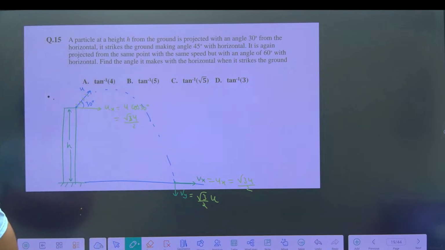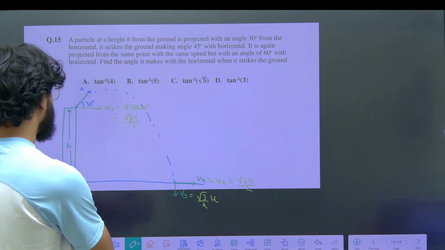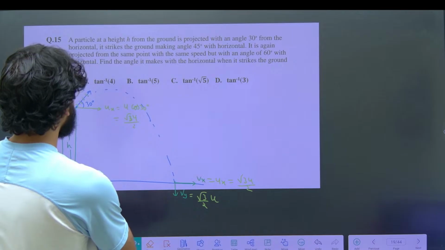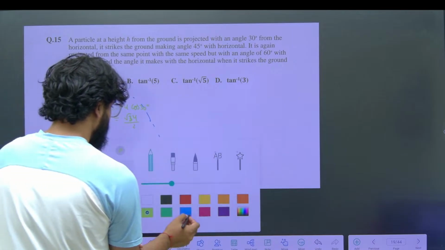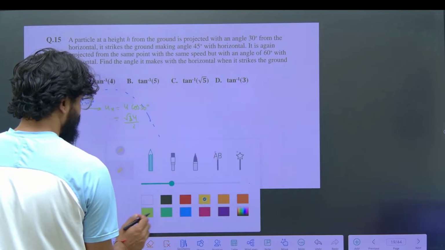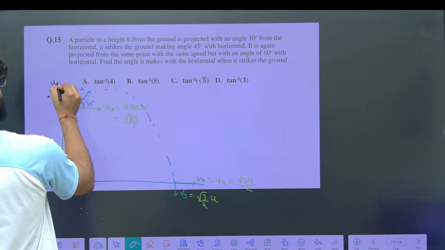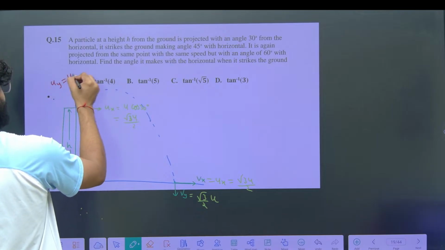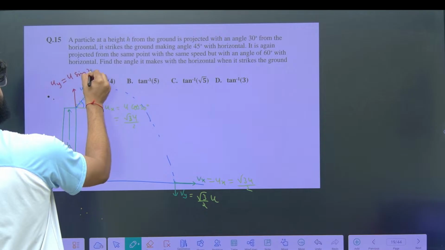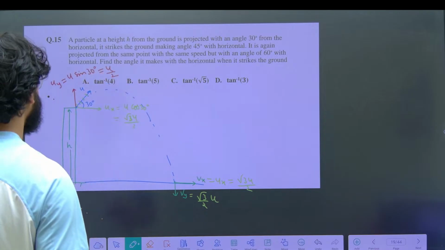From here, can we calculate something? Time of flight relation can be given over here. One more thing we can calculate, that is, what is this initial velocity? If we are able to calculate that, that would be a big win for us. So that is uy, which is u sin 30, that is u by 2. Okay, correct.